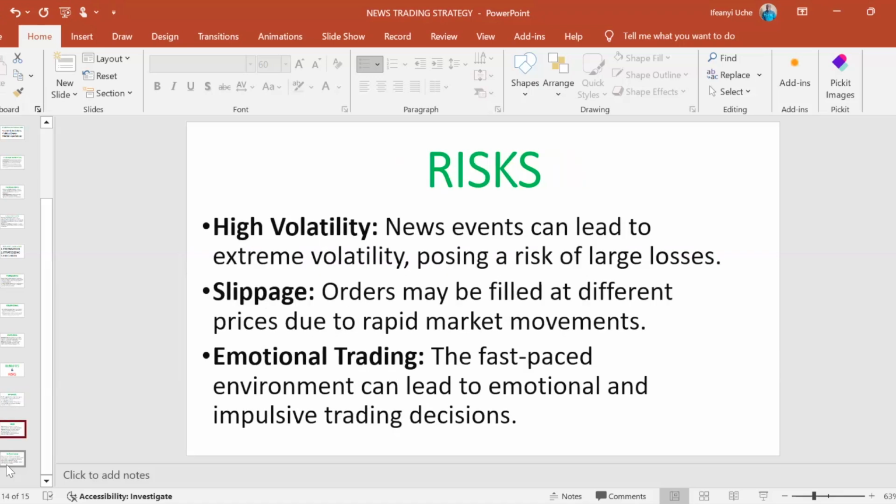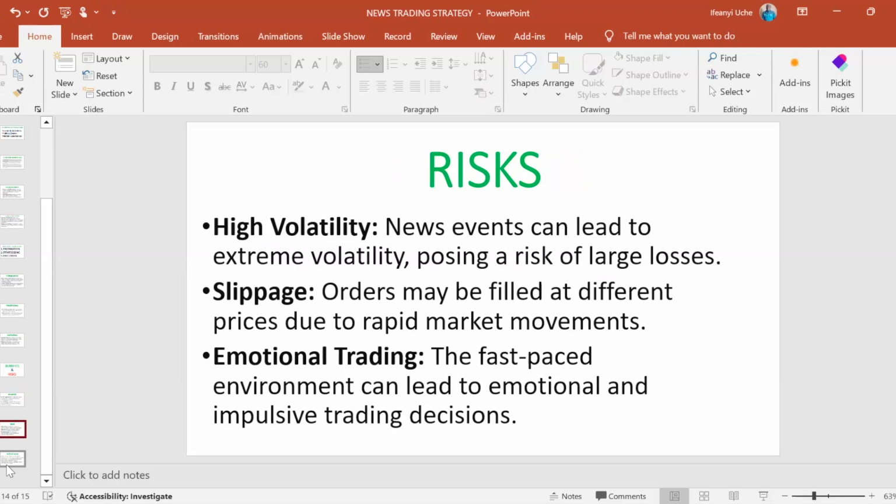And then the risk involved is high volatility. News events can lead to extreme volatility, and this poses a risk of large losses. Slippages can happen during news releases. Orders may be filled at different prices due to rapid market movement. Yes, this happens a lot, which is why you need strategy.